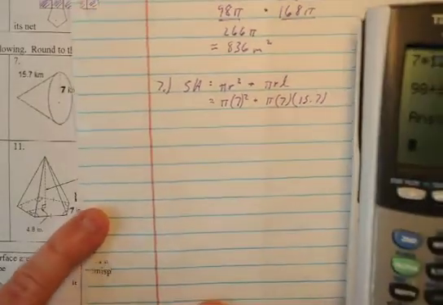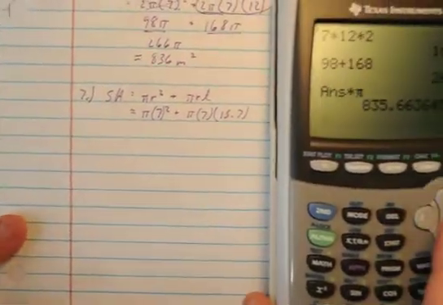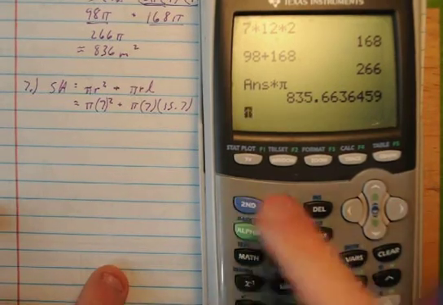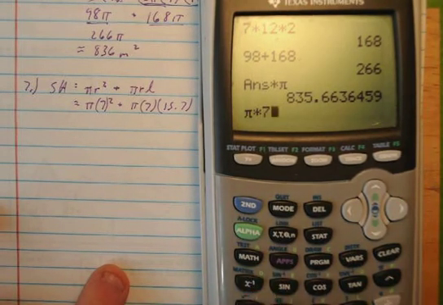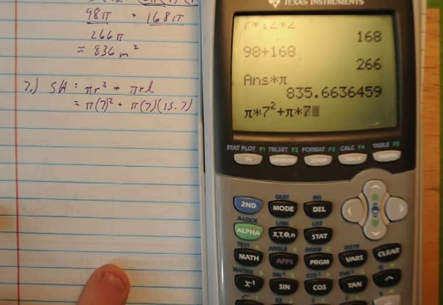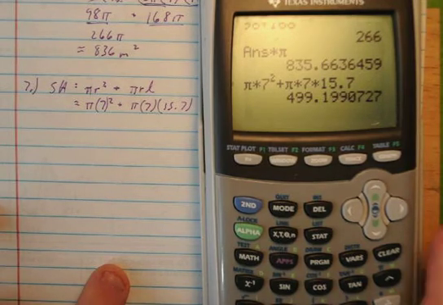Because there's already a decimal here, I'll just go ahead and plug this all into my calculator. Alright, so we got pi times 7 squared plus pi times 7 times 15.7. Oh, 499.